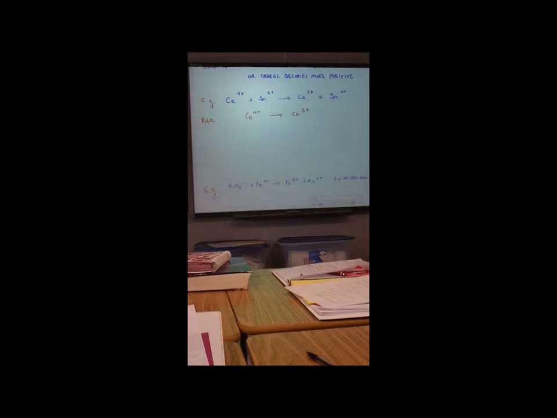Now, the only way for cerium to be reduced from 4+ to 3+ is if it gains an electron. So in order to end up with cerium 3+ as a product, we have to add an electron to that cerium 4+.